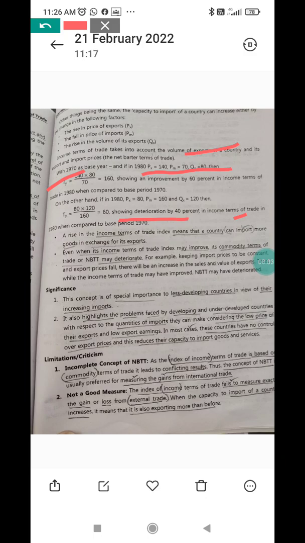For example, keeping import prices constant, if the import prices are the same and export prices fall, there will be an increase in the sale and value of exports.